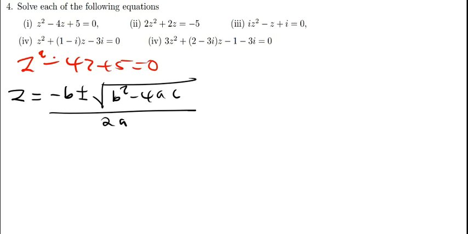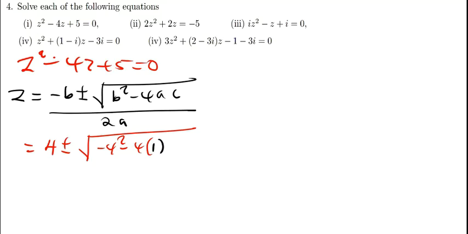So one thing we have to understand is that b in this case is negative 4. Since it's negative, it's going to be positive 4, so it will just be 4 plus or minus the square root of negative 4 squared minus 4. The value of a is 1, the number in front of z squared is 1.